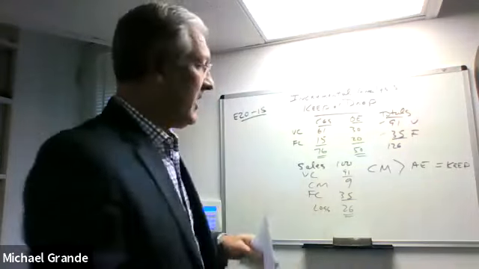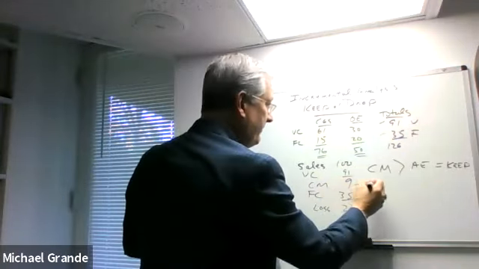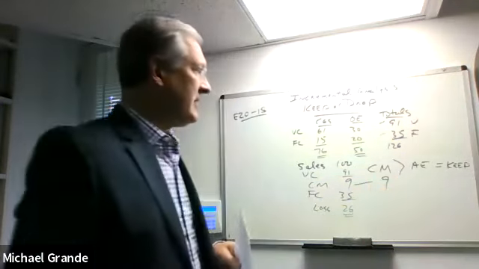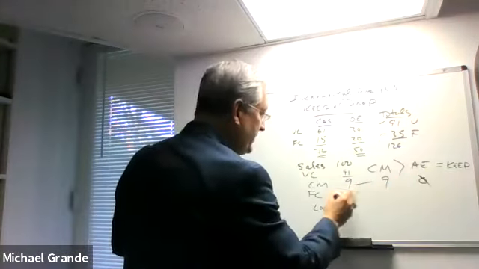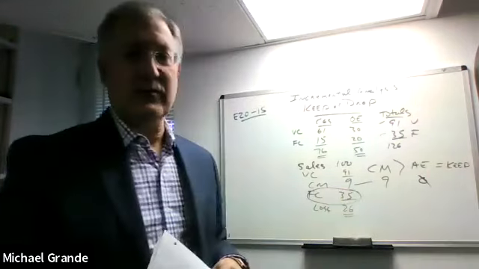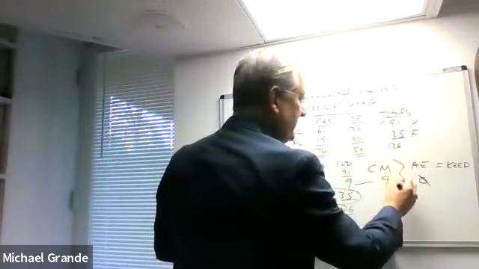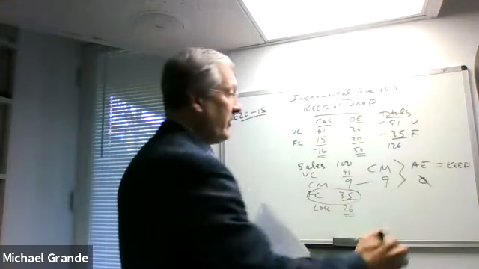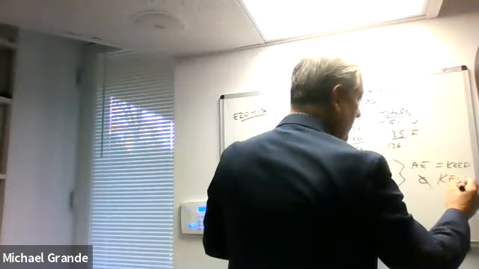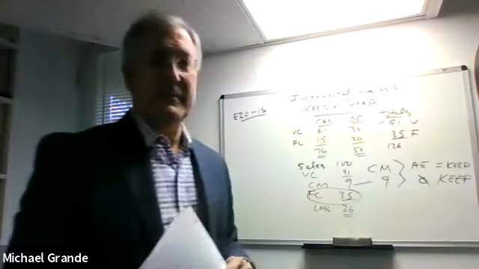So what's happening here? The contribution margin given up is $9,000. The avoidable expenses, 0. None of that goes away. It gets reallocated. So your conclusion: the contribution margin given up is greater than the avoidable expenses. You want to keep that division.